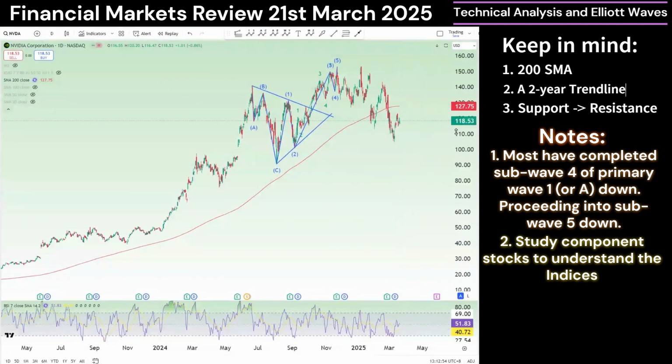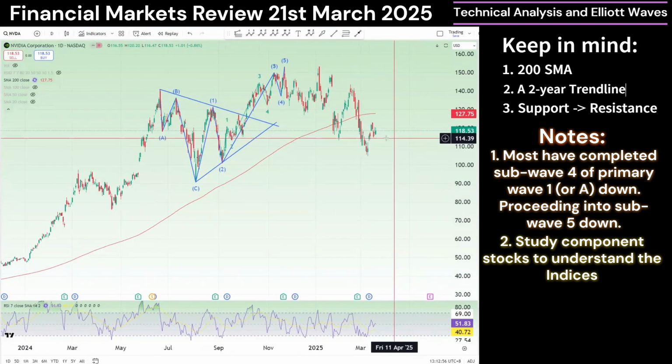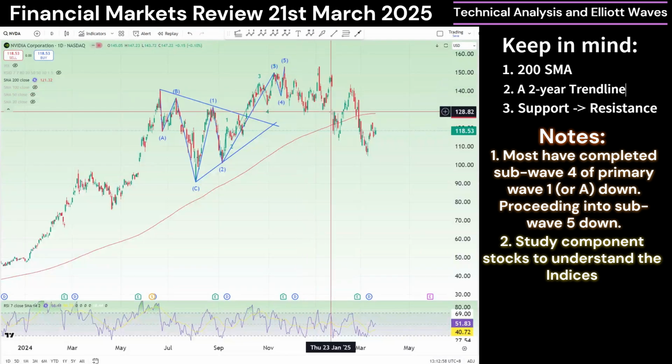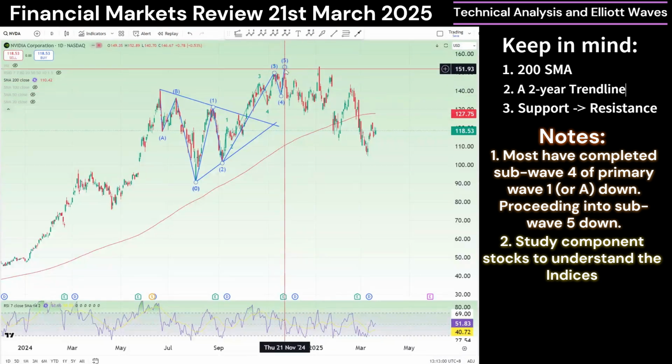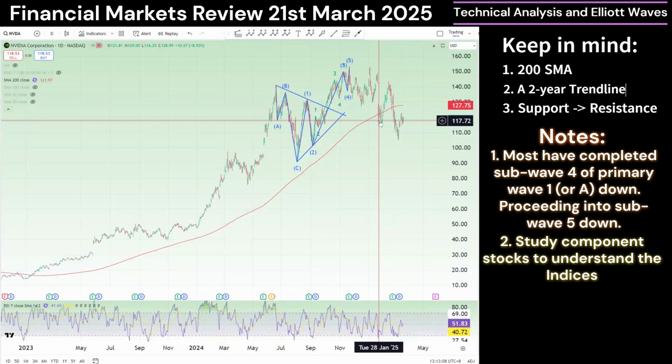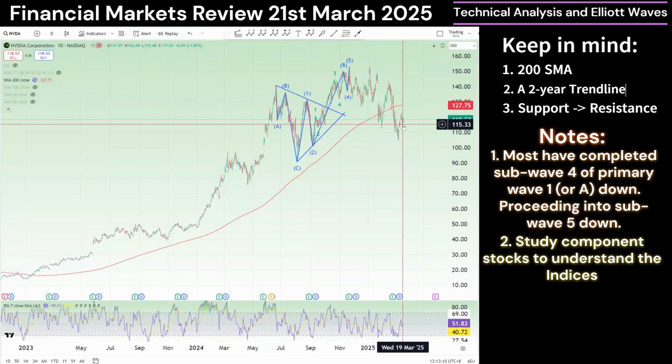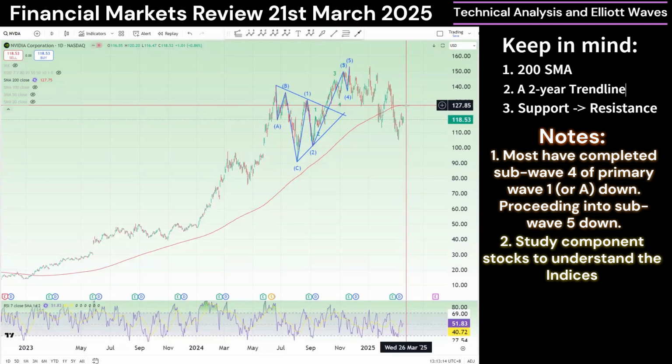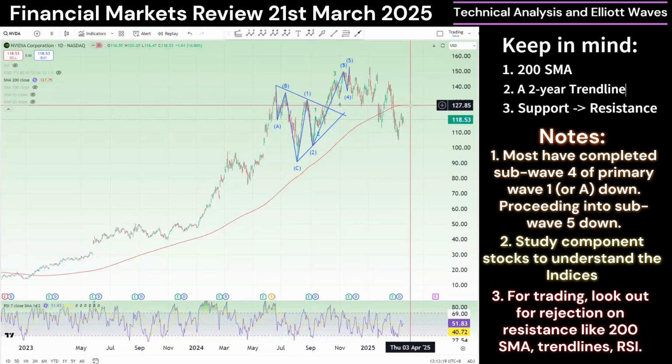Nvidia, I didn't really do the alert wave after deciding on where the high is. But I'm also actually not very interested in Nvidia, to be honest. What you should be looking at this point in time is the 200-day moving average, whether it will go up and get rejected on it.